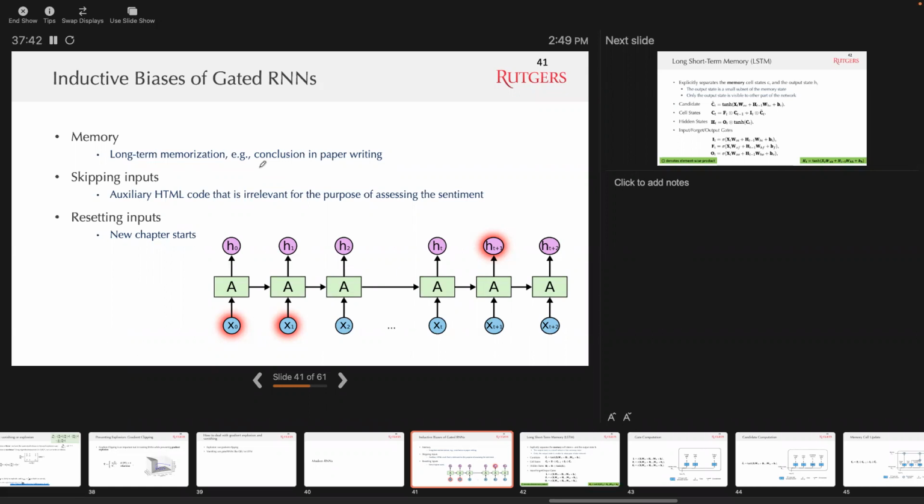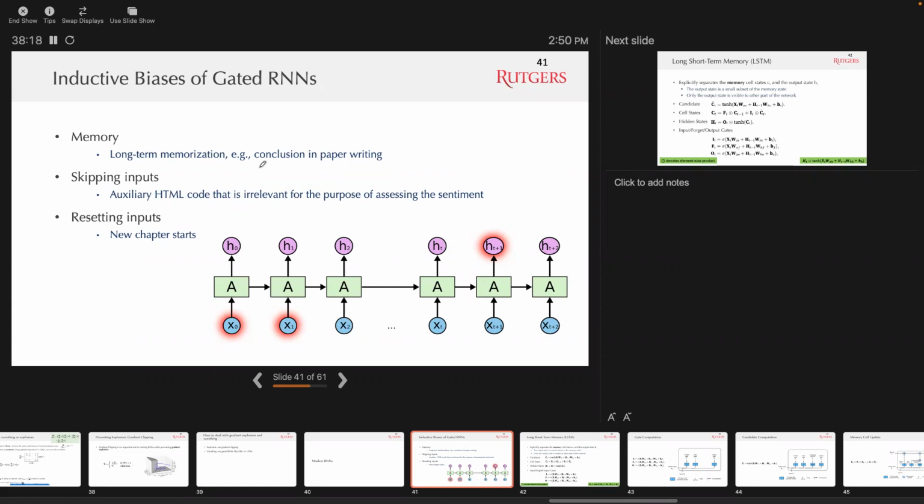But for now, let's discuss very briefly the inductive biases of the modern gated RNN. The first inductive bias is the ability of long-term memorization. If you look at our previous vanilla RNN, it's very easy for memory to vanish after many time steps, because you're multiplying the same matrix many times.